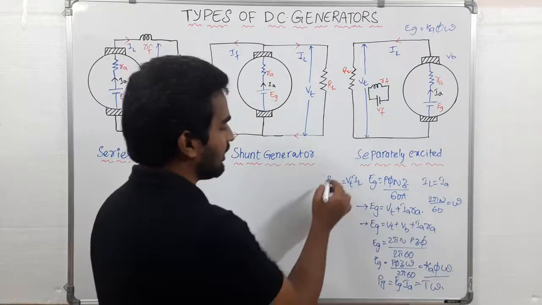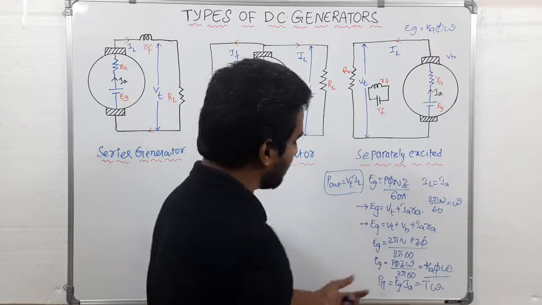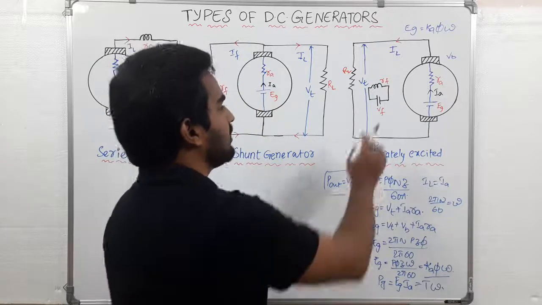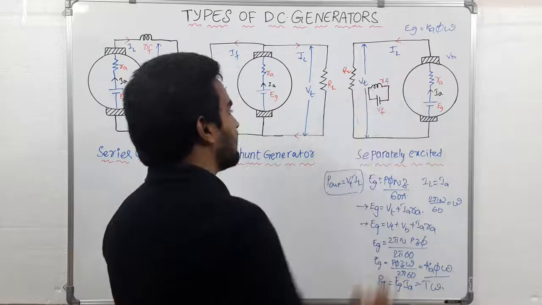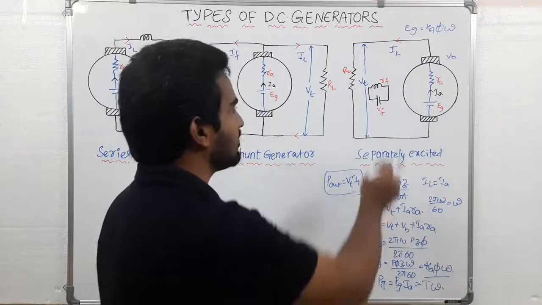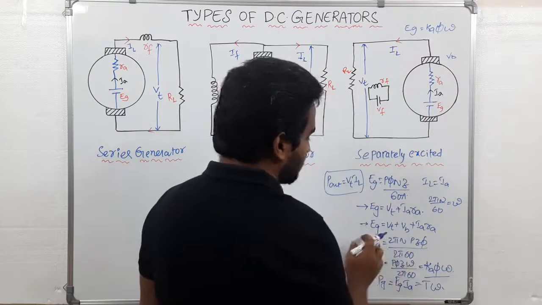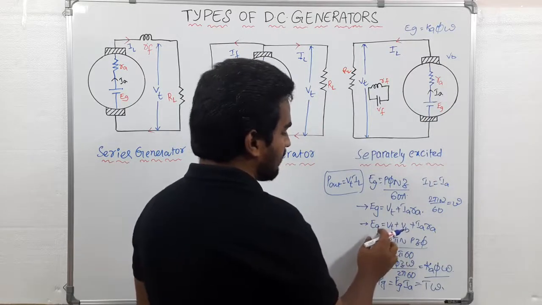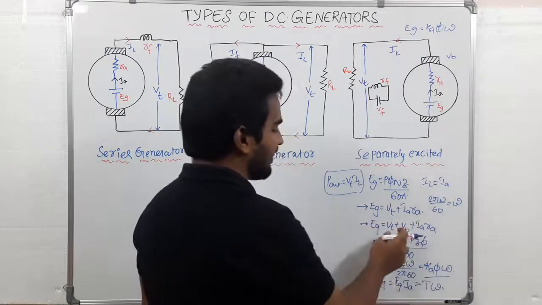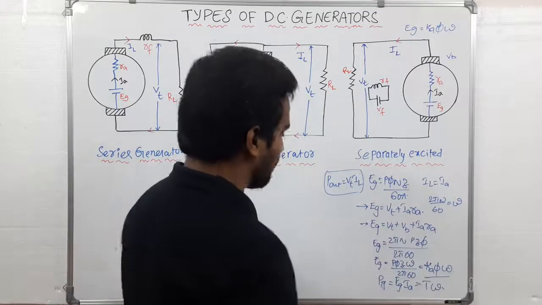So these are all the important equations of separately excited DC machine, okay, DC generator. And the field winding excited by external DC source, and if we consider the voltage drop across the brushes, the equation will become Eg equal to Vt plus Vb plus IaRa. If we neglect that, Eg equal to Vt plus IaRa.